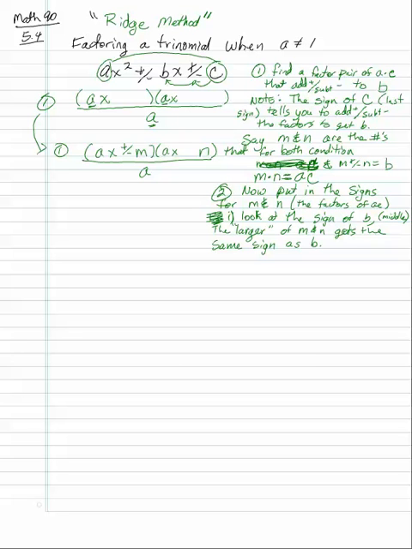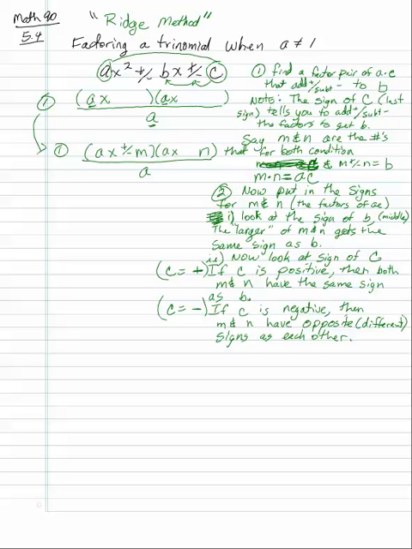And then now you're going to look at the sign of C. If C is a positive number, then both m and n have the same sign as B. So if B is positive, m and n are both positive, provided C is positive, right?